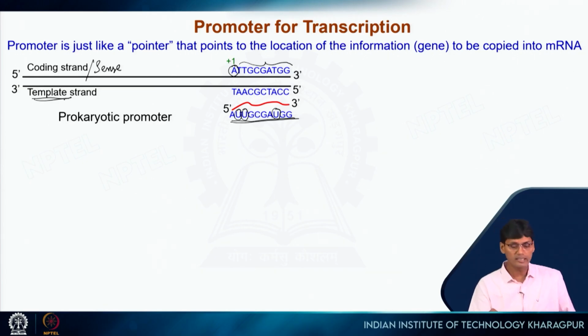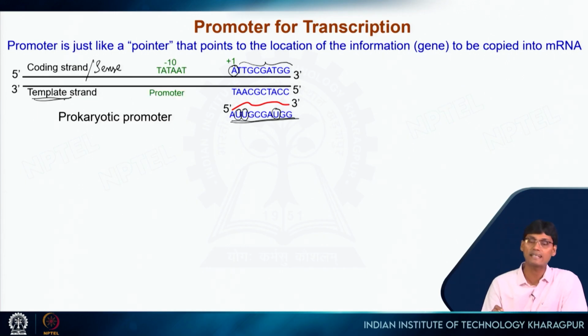Now where is our promoter present? In case of bacteria, particularly the prokaryotic promoter, approximately at -10 position, that is why I mentioned which one is +1 and -1 site. At -10 position we have some kind of conserved sequence, some kind of consensus sequence.